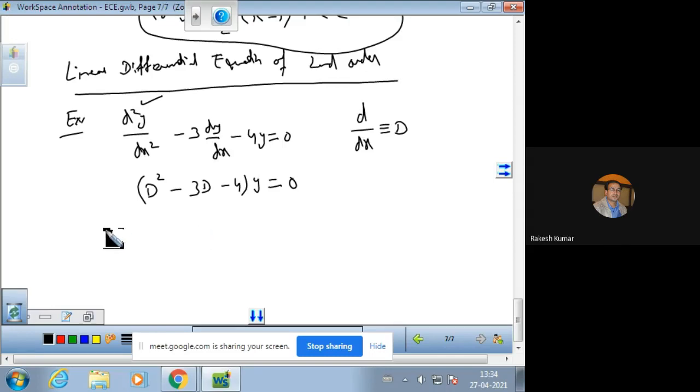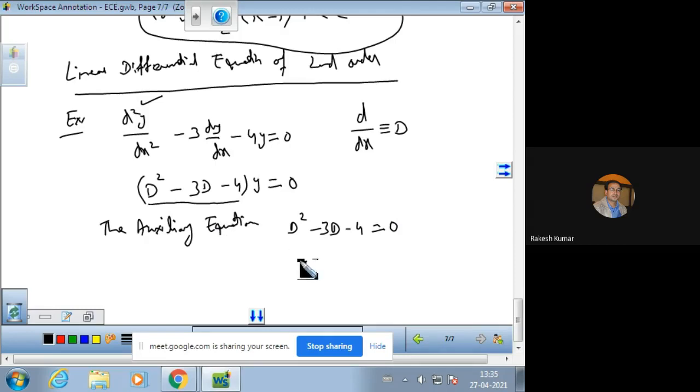From this differential equation, you will write down the auxiliary equation. Auxiliary equation means this bracket term can be substituted to 0. That will be your auxiliary equation.